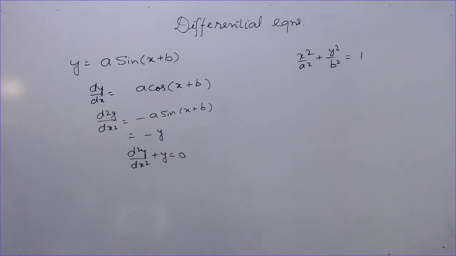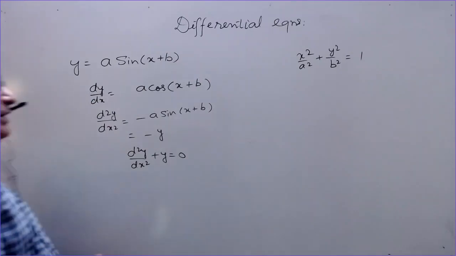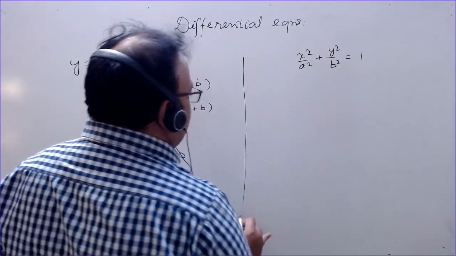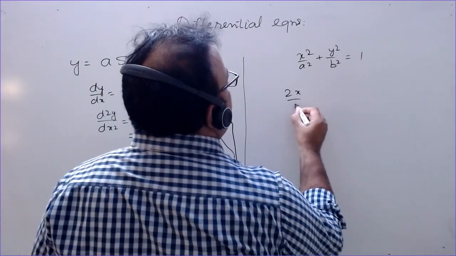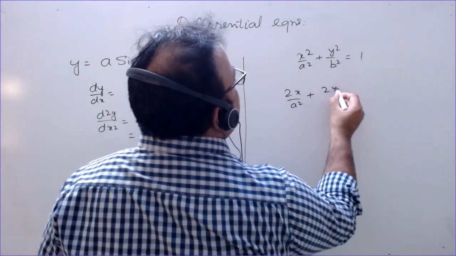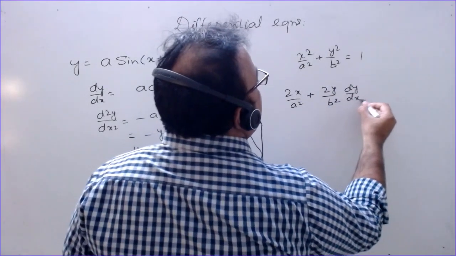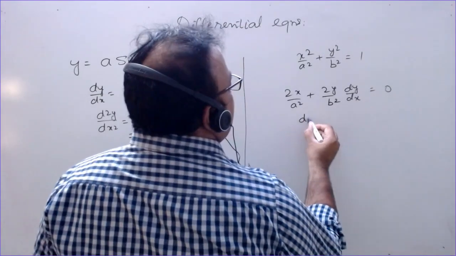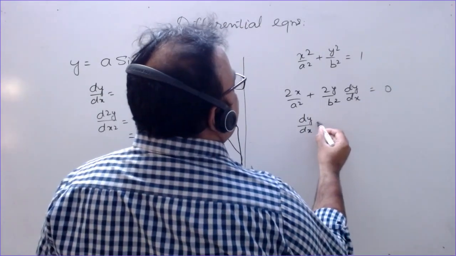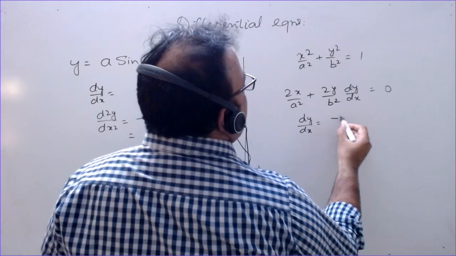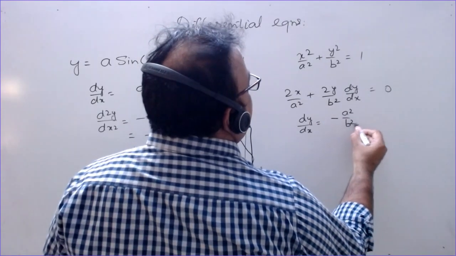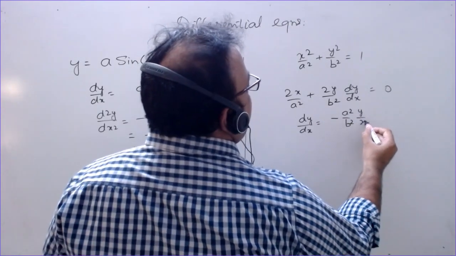Now we have to find the differential equation from this. So if I differentiate this equation, 2x by a square with respect to x, zero, or dy by dx is equal to minus a square by b square y by x.